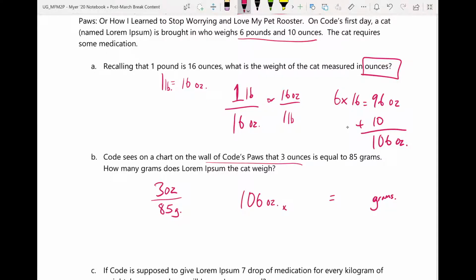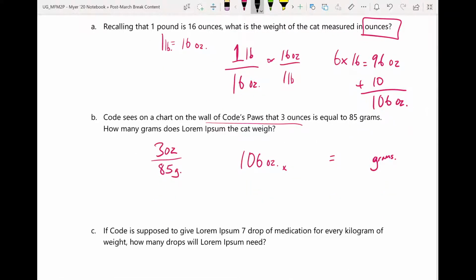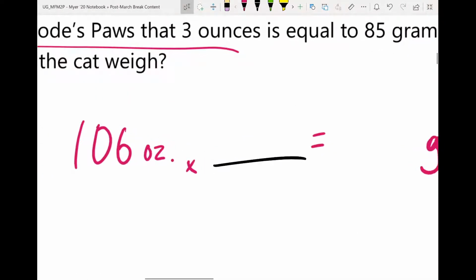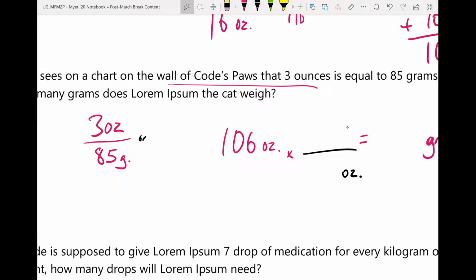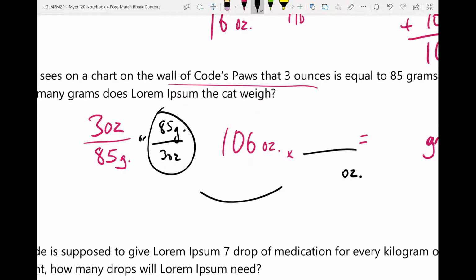Now, I want to get rid of the ounces, so I want ounces to be on the bottom. I could have done 85 grams to 3 ounces, and this is the one I want because it has grams on top and the ounces will end up canceling each other out. So this is going to be 85 here, and a 3 there.